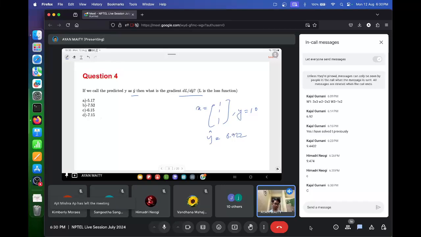Himadri says option C, Kajal also says option C. So option C is minus 6.15. Jivana Sandhya says option C. Okay. Anyone else?